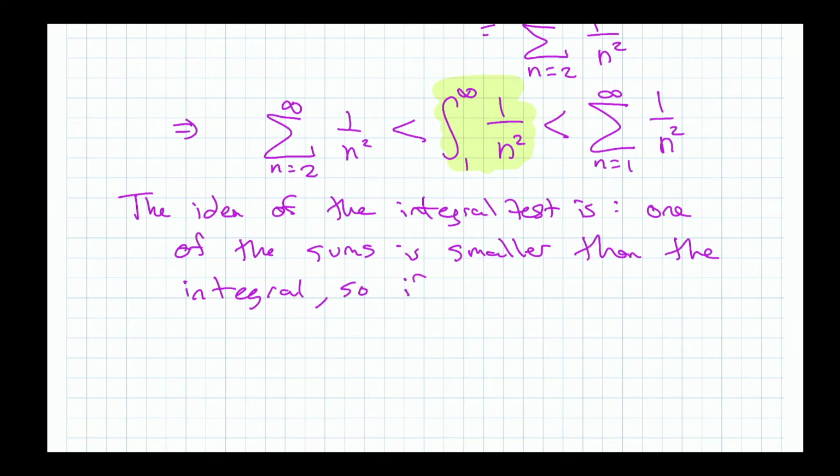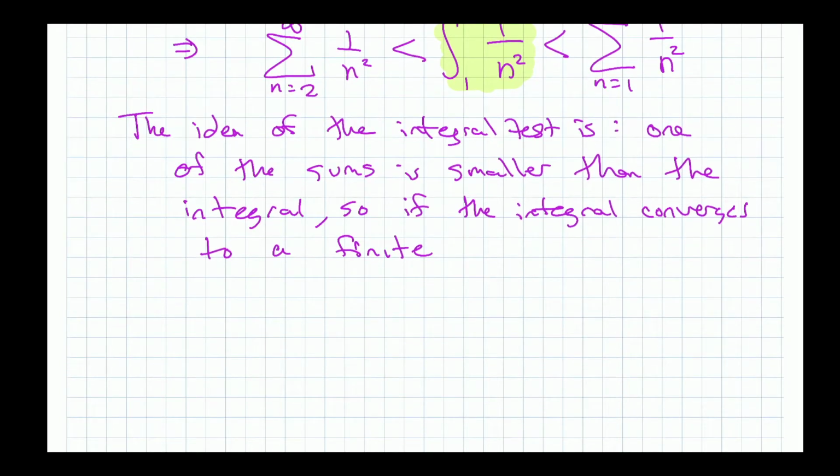So if the integral is a finite number, then you add up an infinite integral and get a finite number. And the idea is that the summation is smaller than the integral. So if the integral is a finite number and the summation is smaller, then the summation must also be a finite number.